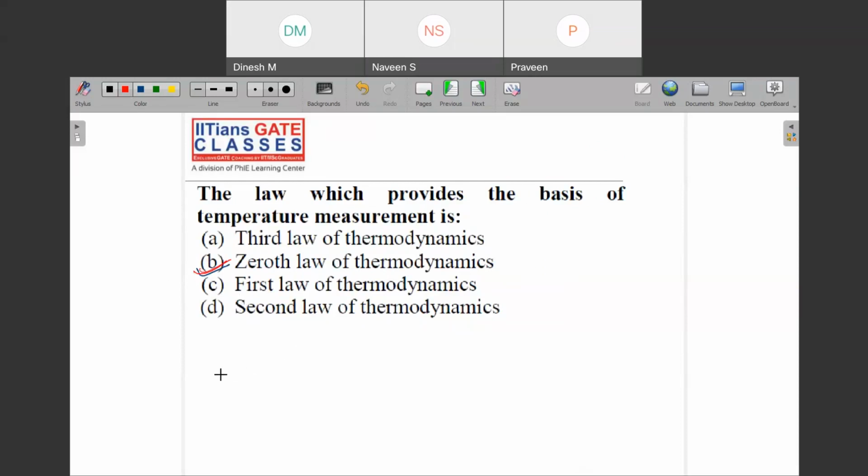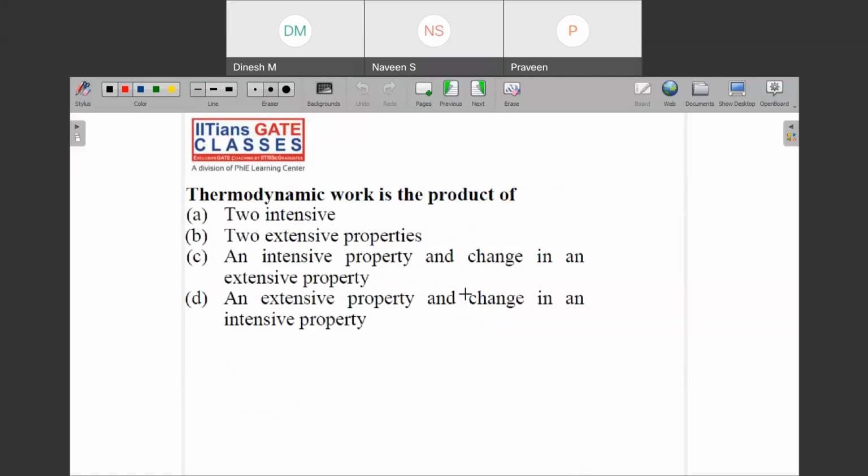Because the zeroth law told us the relationship between what? Let us say this was A, this was C, and this was B. Then if TA is equal to TC and TB is equal to TC, then TA is equal to TB. So here this TC is acting as a thermometer, and here the basis of temperature measurement came into the picture.